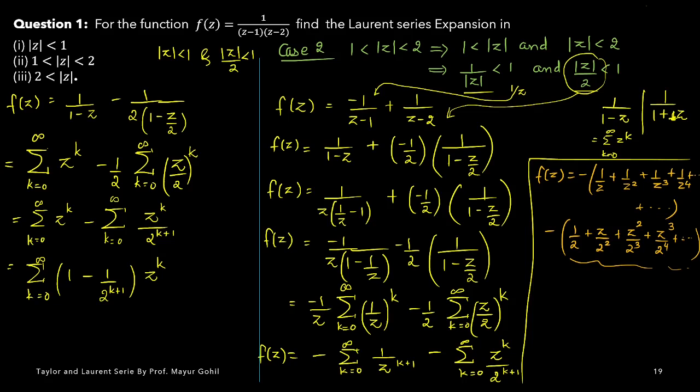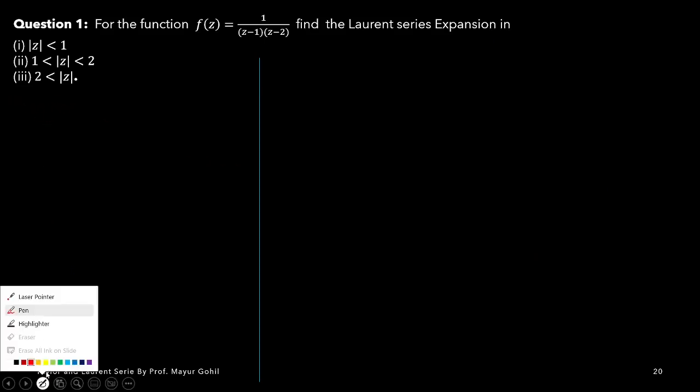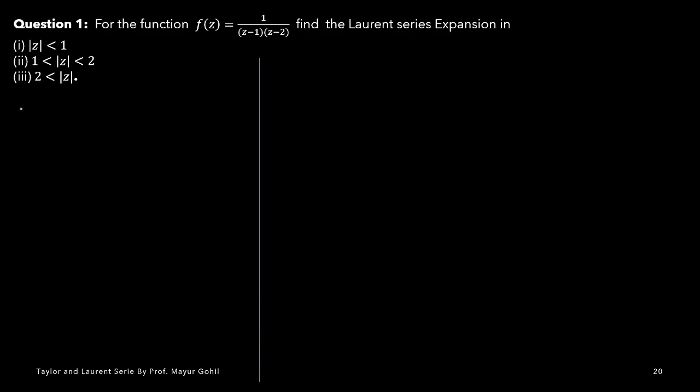Now let us go for case number 3. For case number 3, again we will consider this. Let us take down the case 3. For case 3, let us see what happens. It is 2 is less than mod z. That is the case given to us.